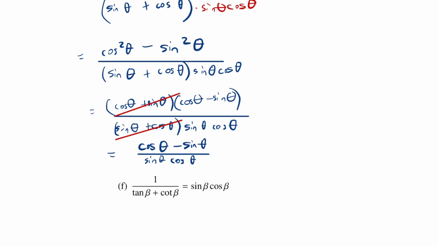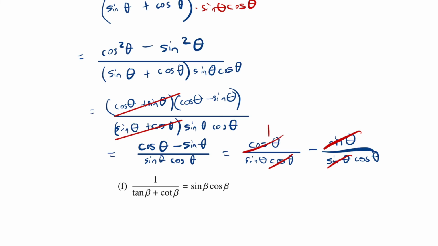So cosine theta over the denominator minus sine theta over the denominator. And now you have cancellation, cancellation. And now you're going to have 1 over sine, which is cosecant, minus 1 over cosine, which is secant. And that's exactly what we needed. That is the right-hand side. That one was a tough one.